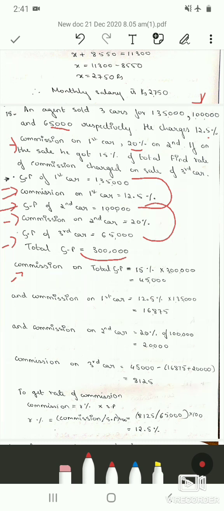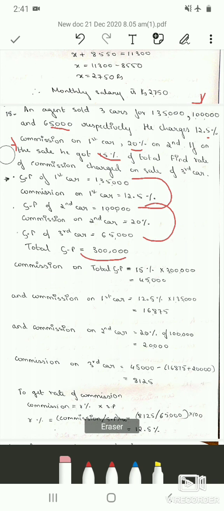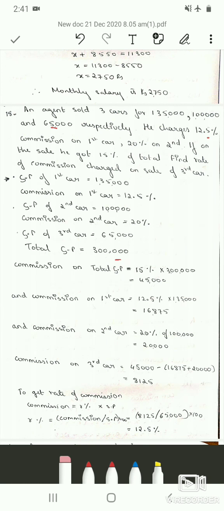So commission on total selling price is equal to 15% into 3 lakhs. We know the rate of commission for total sale, he got it as 15. We know the total selling price. So we can obtain commission. Therefore commission on total selling price is 45,000.